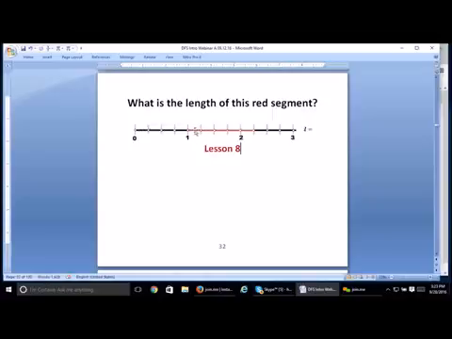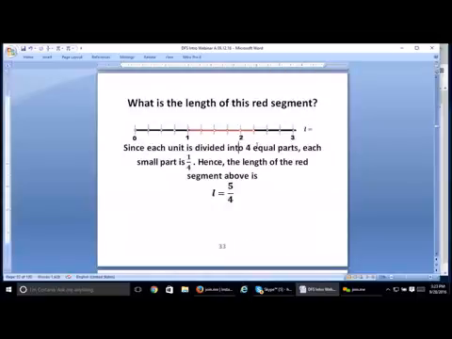So now they simply count how many red segments there are here. 1, 2, 3, 4, 5. And so the answer we would expect and that most students would give would be 5/4, because each small segment is 1/4. Now, of the three models, the number line is the most abstract and the most difficult for students.